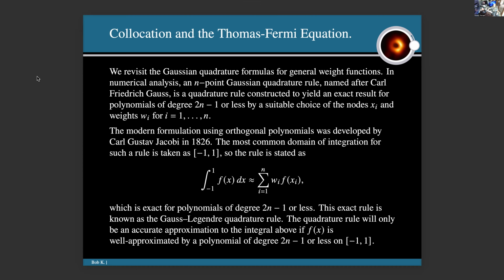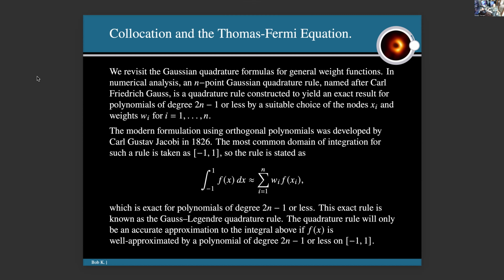We revisited Gaussian quadrature, and the idea is basically that if you choose an appropriate set of points, which are specially chosen, and Gauss figured this out originally around 1817, or something like that.